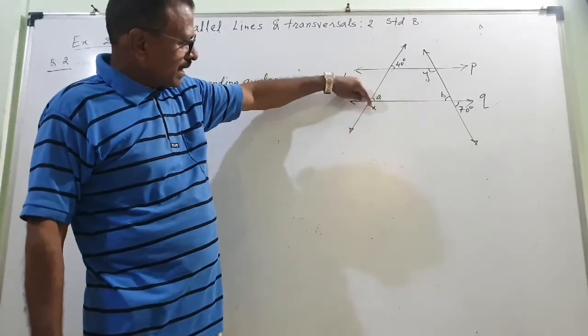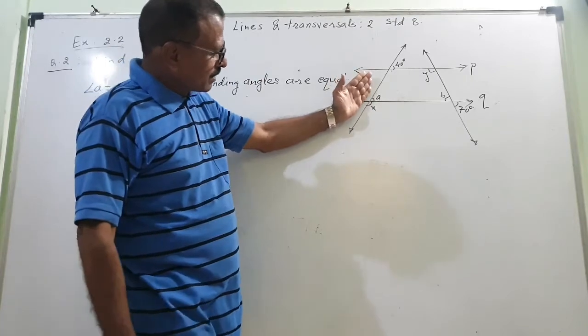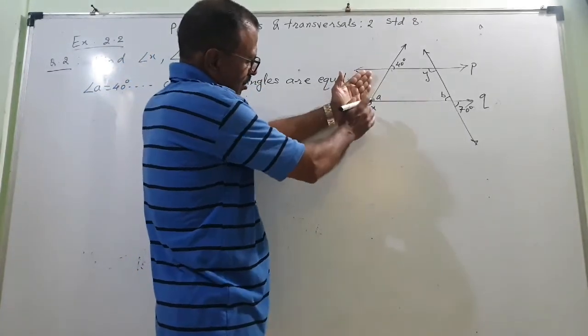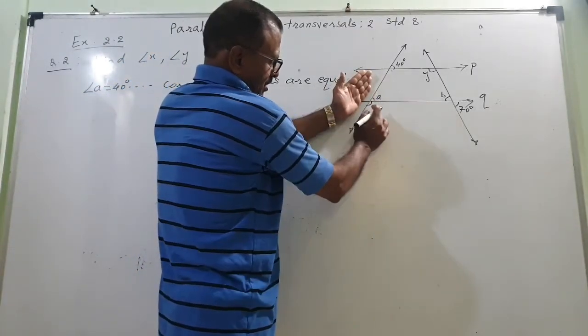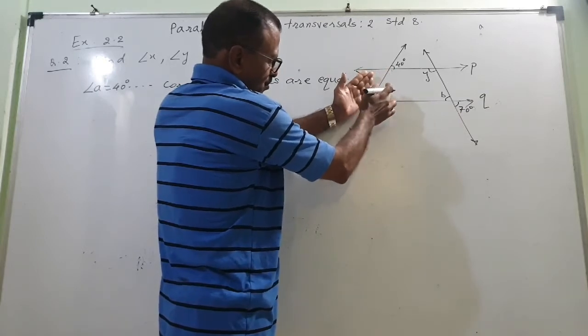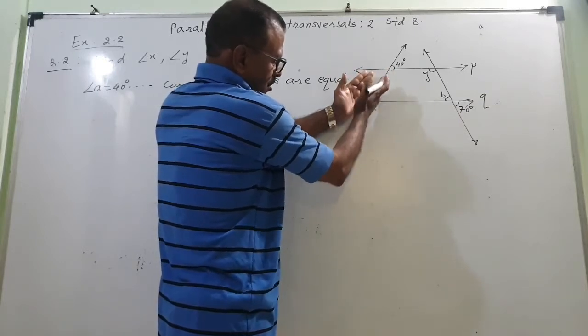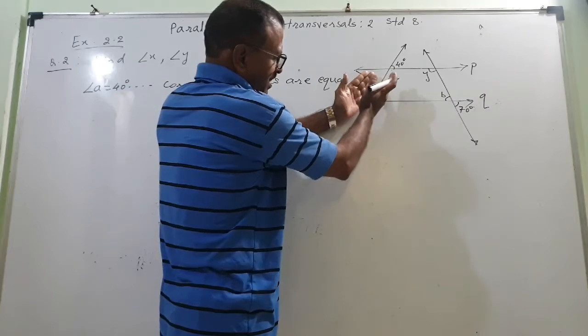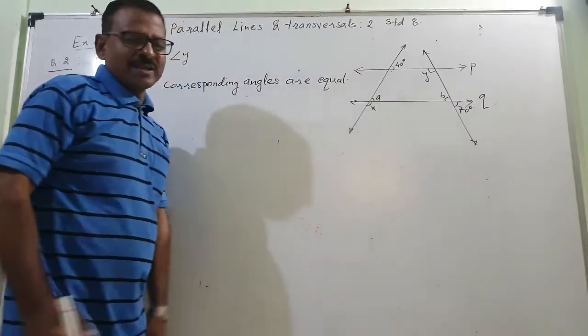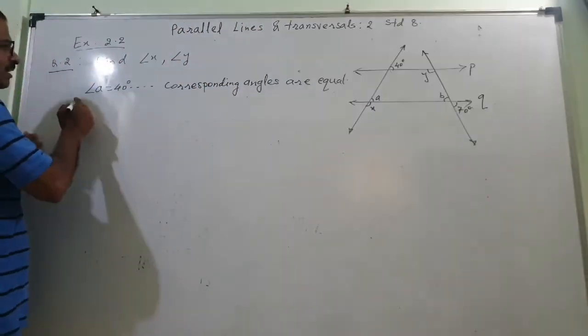Now A and X are a linear pair. See, this is a line, so this angle and this angle, these two angles are on the same line. Two angles on the same line means linear pair. And the sum of the linear pair angles is 180 degree.